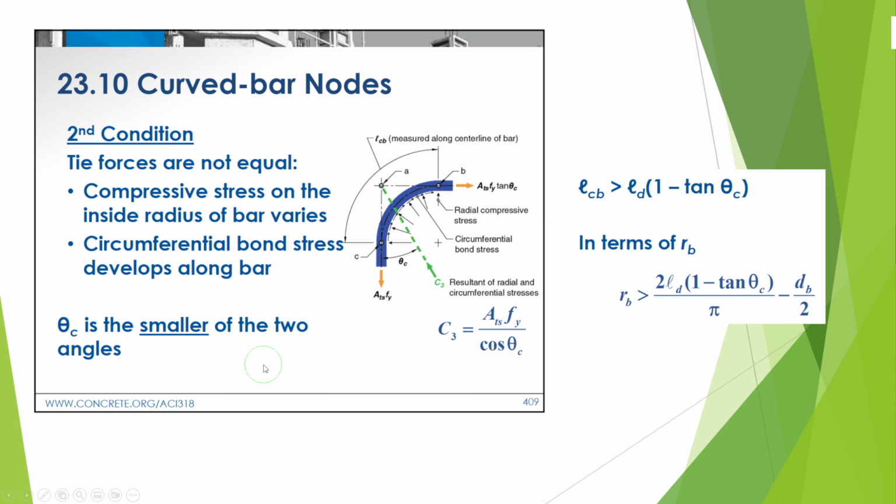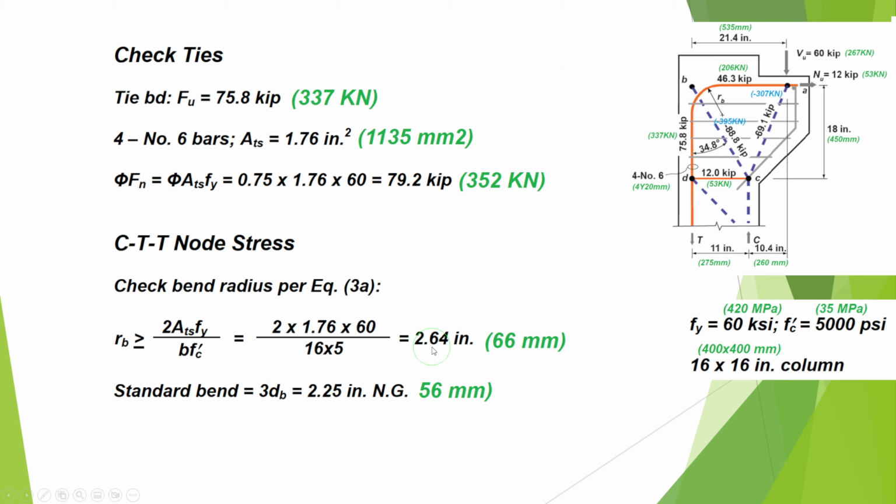So here, if we go to 3 db, will give you 56 millimeters. So as we can see, the equation mentioned in chapter 23 for the curved bar node gives higher radius.